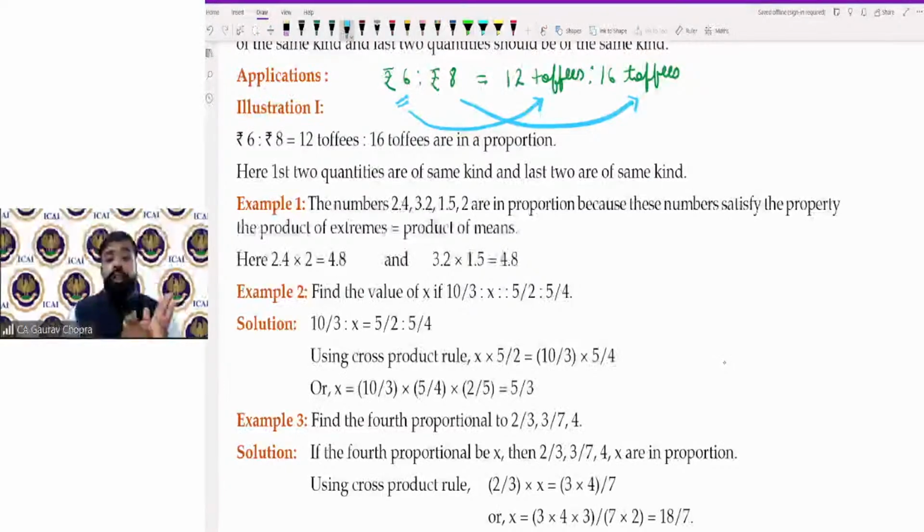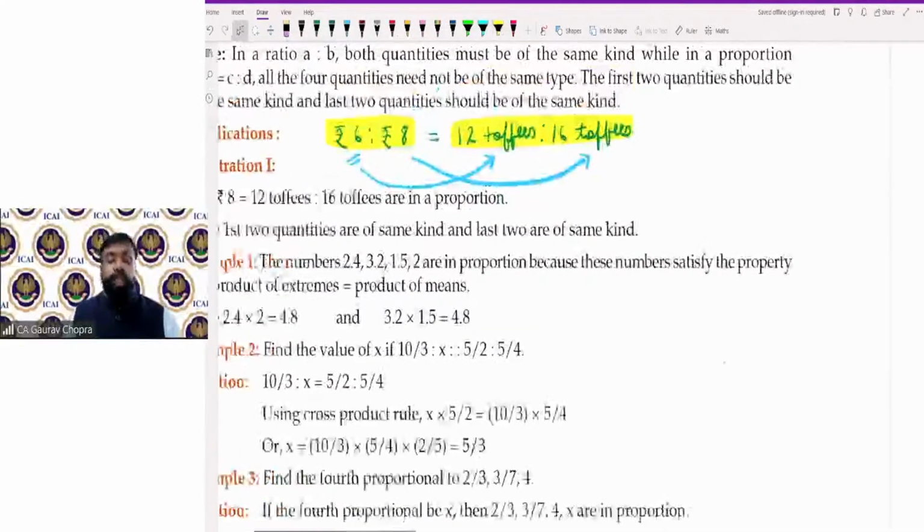So the first ratio is having the unit as rupees, and the second ratio is having the unit as toffees. So yes, they are correct because these two must have same units. So first two values, ₹6 and ₹8, are having same unit, and then 12 toffees and 16 toffees, again both of them are having same unit. So there is no problem in that. But now we have to check whether they are proportionate or not.